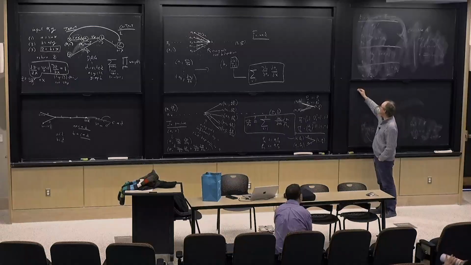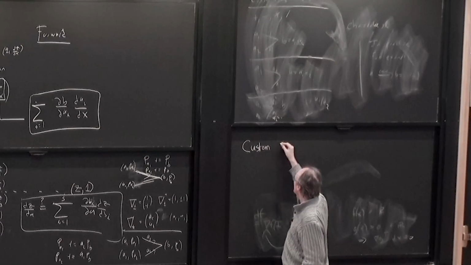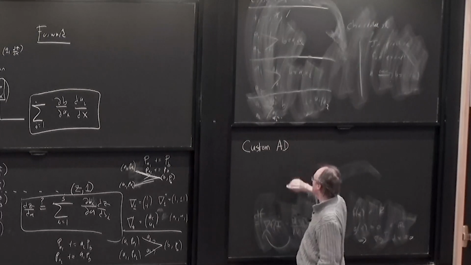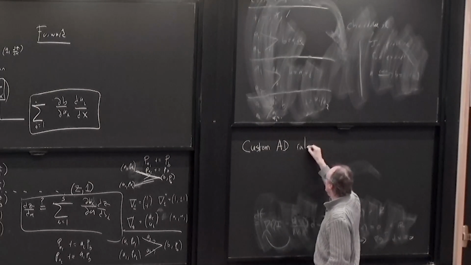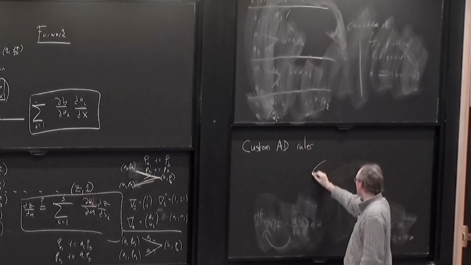I really believe that. So for example, one very practical thing that I was hoping to cover, but didn't get to, is how to do custom AD rules. Suppose you have a box.